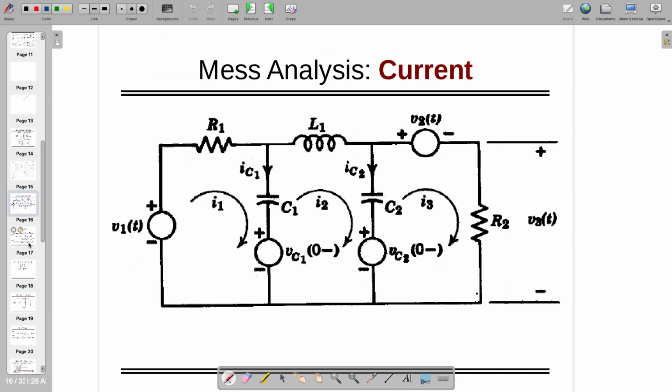Now, there is a network which has R, L, and C. For your better understanding, we have kept the initial condition voltages as 0 minus for VC1, VC2, and I am going to do the mesh analysis.